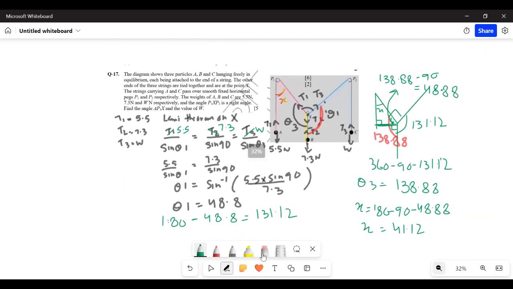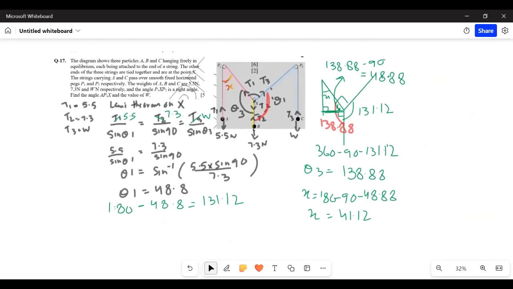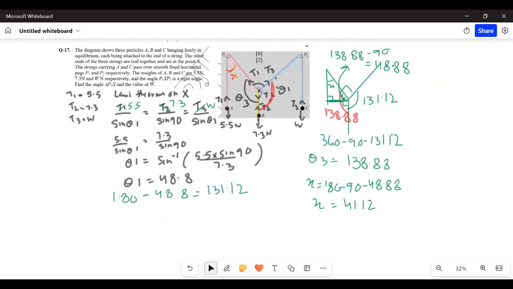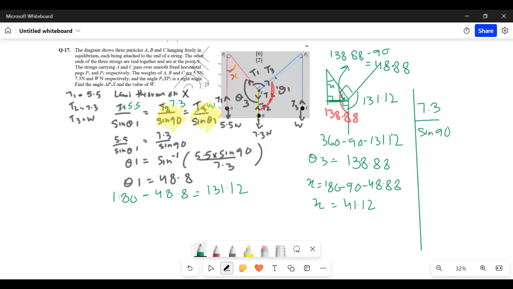ठीक है, ओके, ये आ गया X। और फिर उन्होंने कहा फाइंड द वैल्यू ऑफ W। सो W फाइंड करने के लिए हम दोबारा से लेमीज थ्योरम में चले जाते हैं। हमें ये पता है 7.3/sin 90, और अब θ3 भी पता चल गया। सो ऑल दैट्स लेफ्ट टू फाइंड इज W। सो बैक टू लेमीज थ्योरम, 7.3/sin 90 equals to W over sin 138.88। क्या आता है?